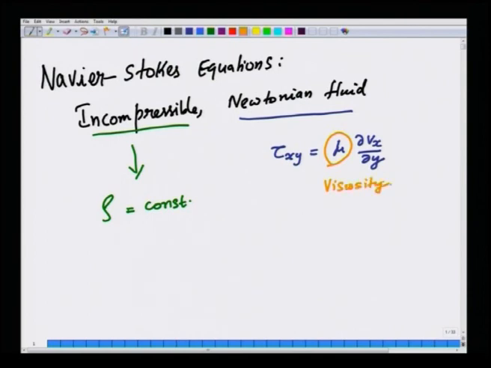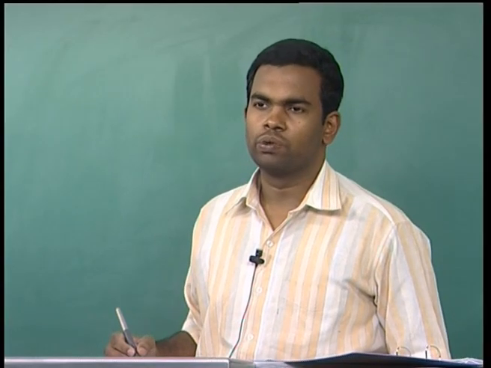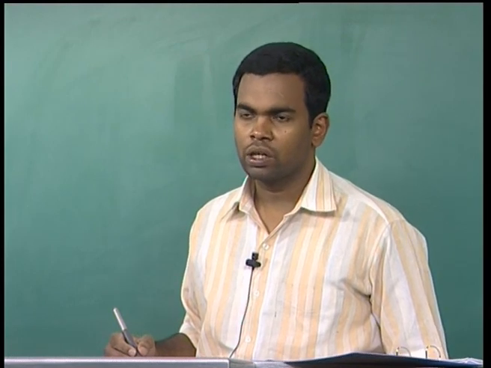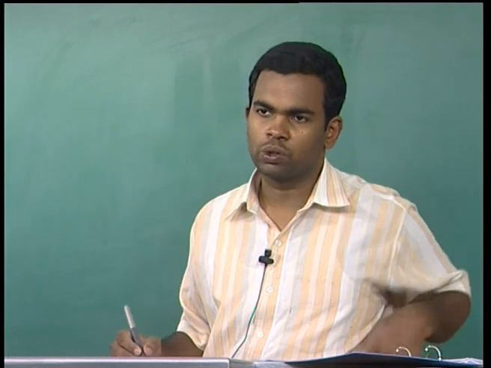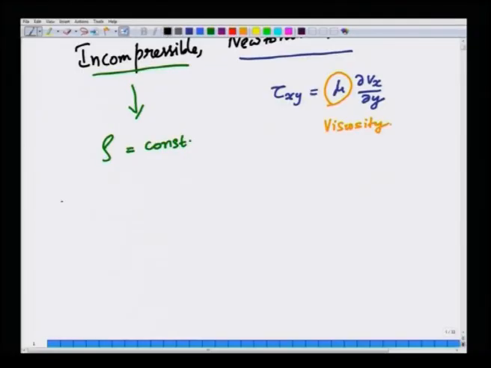Okay. So, these are the two restrictions that we are going to impose in this course, that is, the fluid is incompressible, the density is constant, and the fluid is Newtonian, that is, the shear stress is directly proportional to the velocity gradient. Now, having said this, we can write the vector form or coordinate free form of the Navier-Stokes equation as follows.